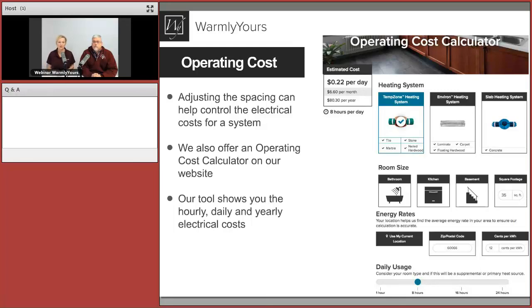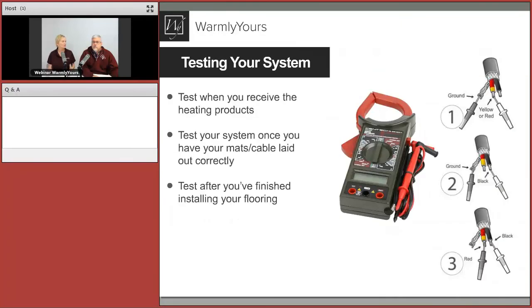For example, in a bathroom, you're probably only going to have it on in the morning and in the evenings, a few hours here, a few hours there. And then we show you the operating costs. As you can see, we played around a little bit with this tool, and it came down to 22 cents a day. The reason we like to show that, guys, is that there is this misconception: electric, it must be expensive. It's not. But this is proof. So if you're looking to do this, or you want to show your clients exactly what the operating cost is, this is a great way to mitigate that concern.